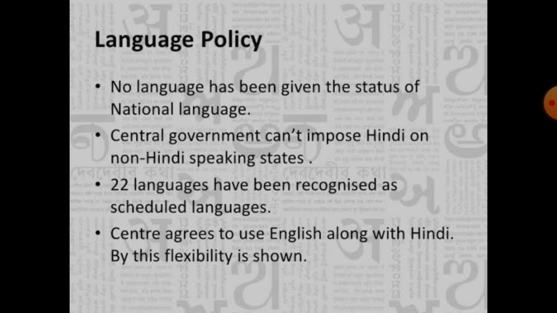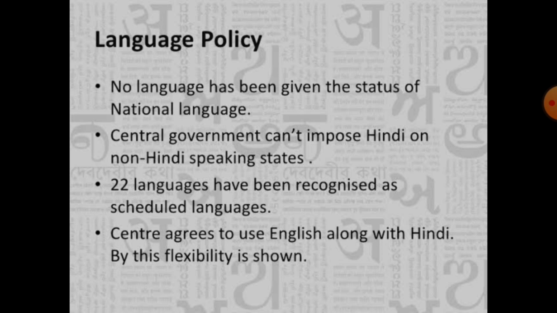We all know this. So we need to preserve the other languages. Besides Hindi, 21 other languages are considered scheduled languages. This status has been given to 21 other languages besides Hindi.